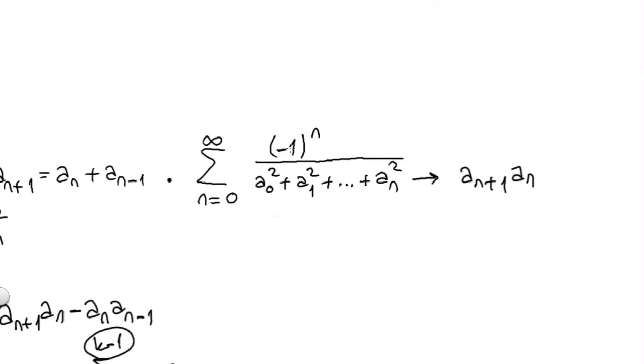There is a relationship between -1 to the n and the Fibonacci sequence, and this is called Cassini's identity, which says that a n minus 2 times a n minus a n minus 1 squared is equal to -1 to the n.